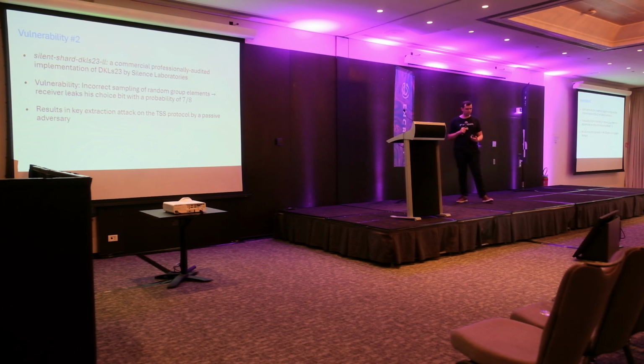The idea of the vulnerability is that incorrect sampling on Bob's side of the R prime value leads to him leaking his choice bit with a probability of 7/8. And then, like before, this results in an attack on the threshold ECDSA protocol that uses this implementation.